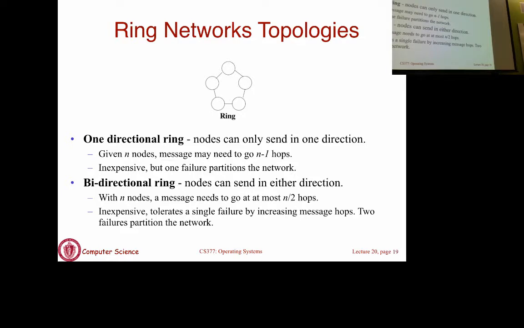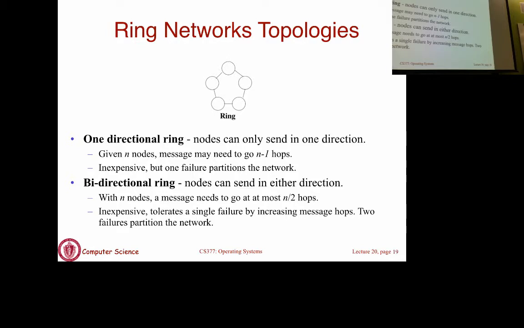You can have two forms of ring. In a unidirectional ring, you pick a direction: all packets go clockwise, or all packets traverse anti-clockwise. You can also have a bidirectional ring, where you can pick which direction to use. Depending on which one, messages may need to go up to n-1 hops in the worst case to get from the sender to the receiver.